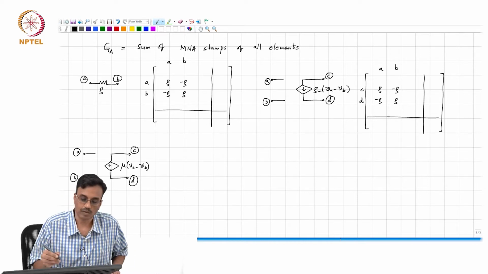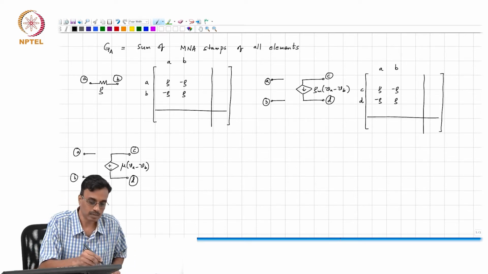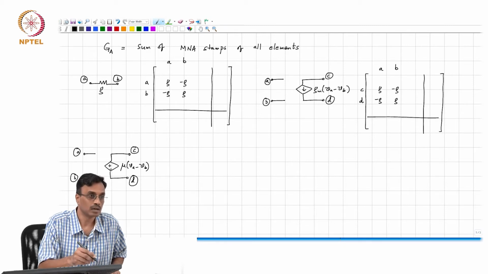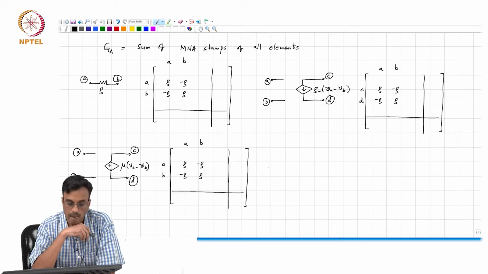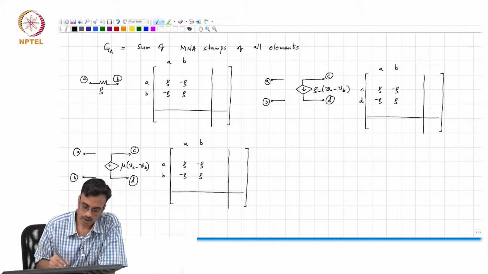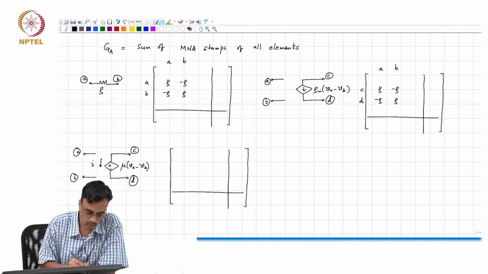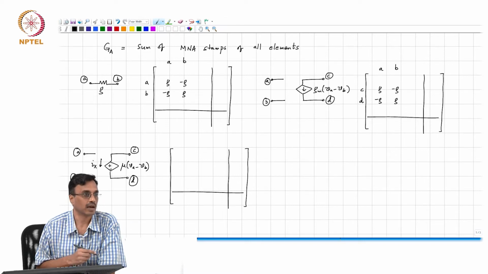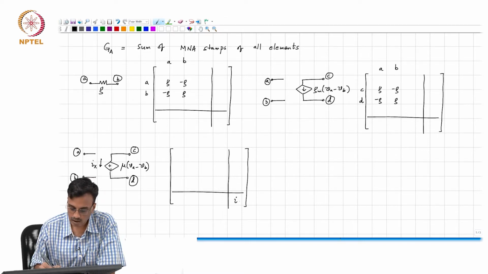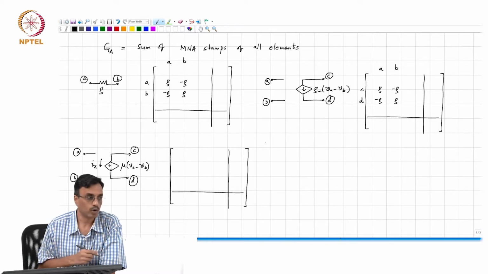And how does the MNA stamp of this look? We need an auxiliary variable now. The auxiliary unknown is basically the current flowing through the voltage source, which is Ix, and that is there in the unknown vector.